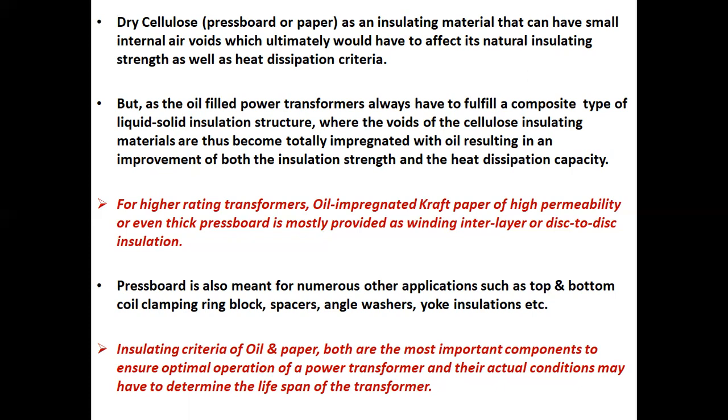Pressboard is also meant for numerous other applications such as top and bottom coil clamping, ring block, spacers, angle washers, yoke insulations, etc. The insulating condition of oil and paper are the most important components to ensure optimal operation of a power transformer, and their actual conditions determine the lifespan of the transformer.